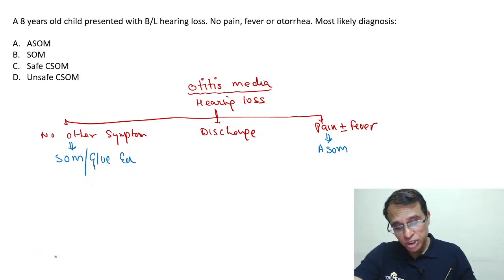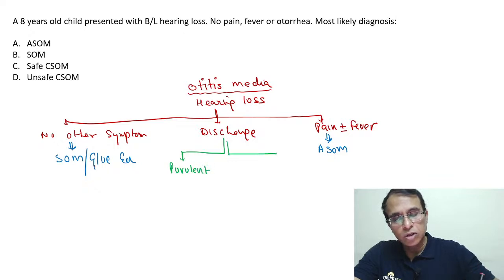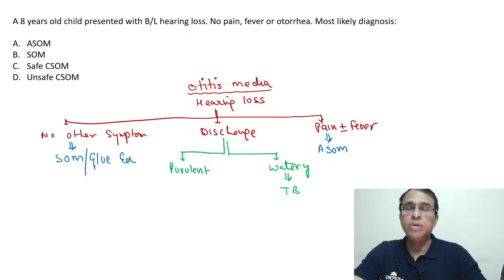Now, if it is discharge, you have to know what type of discharge. Is it purulent discharge or watery discharge? If the discharge is watery, then tuberculosis is a very likely diagnosis, TB.